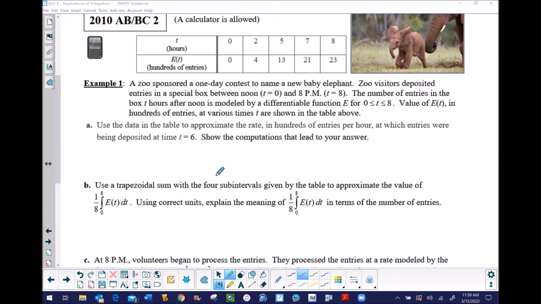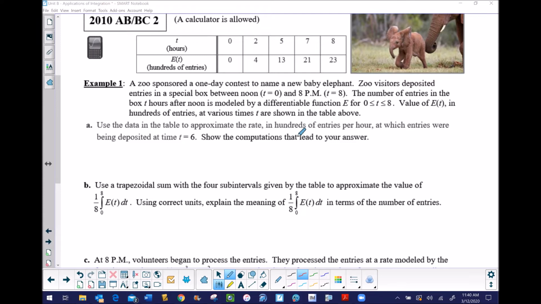So you can analyze that table and see this is sort of a running accumulation of how many names have been placed on pieces of paper and thrown into that ballot box. All right. And so at the end of the 8-hour period, it looks like there are 2,300 names.